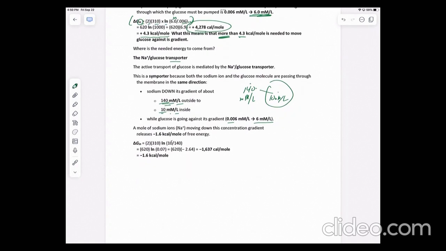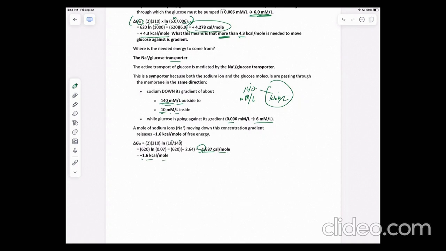So I have 10 on the inside. I have 140 on the outside. I got 1637 calories per mole. Again, because I'm going down a concentration gradient, I know it's going to be negative. So rounding, I've got basically 1.6 kilocalories per mole of energy released when that sodium is going down its concentration gradient.